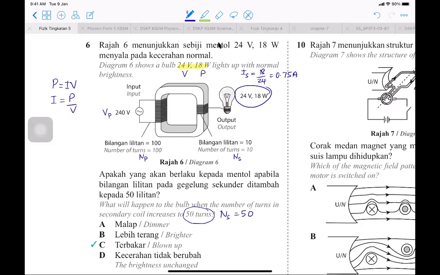Try and calculate itu dia punya output current dulu. If you get the answer for the output current more than 0.75, then memang betul the bulb will blow.